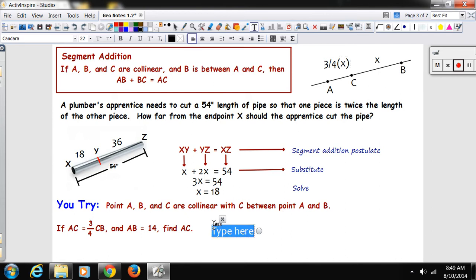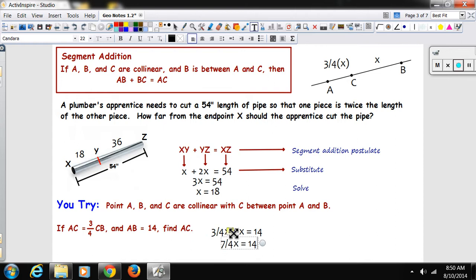So basically we've got 3/4 x plus x equals 14. Now 3/4 x plus x is really going to be 7/4 x, which is 1 3/4 x. 7/4 x equals 14.